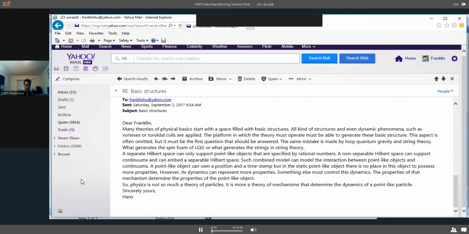And an electron, for example, consists of a billion times a billion of these tiny objects. These tiny objects form a swarm, and the swarm represents the electron.